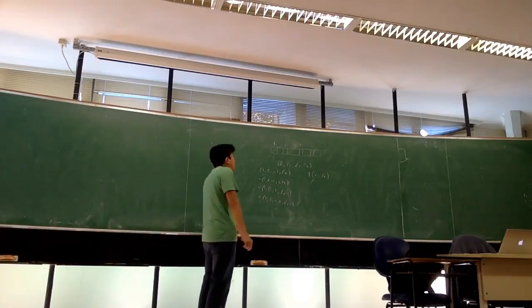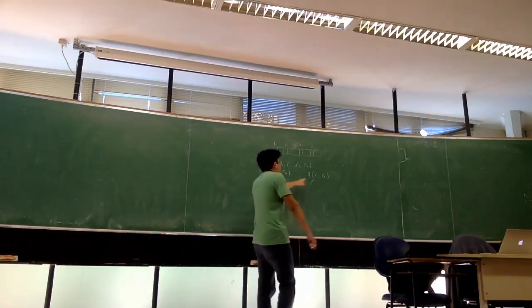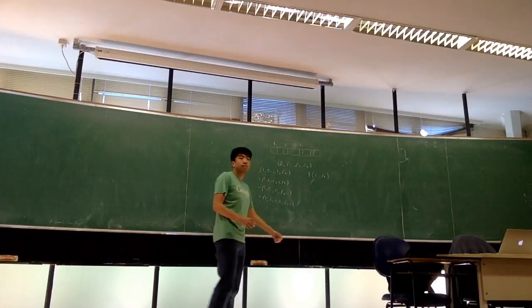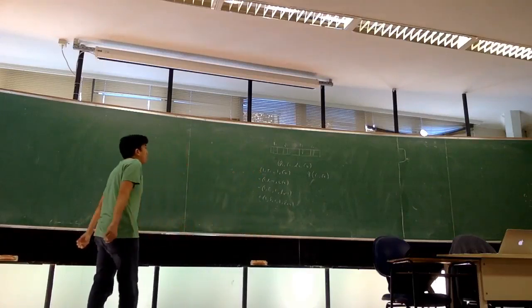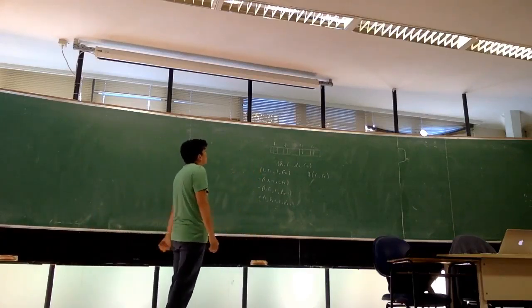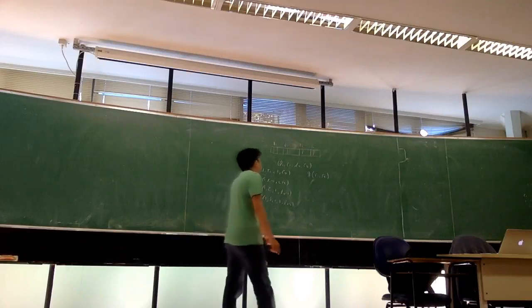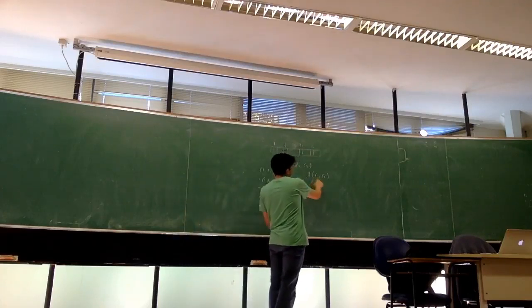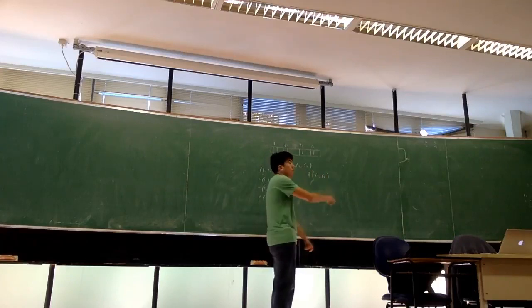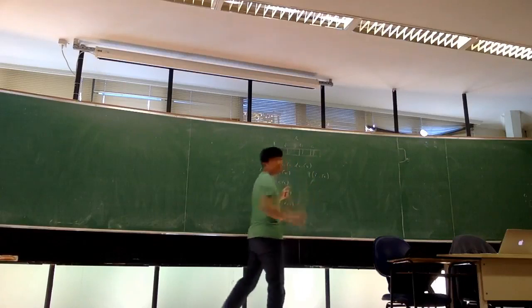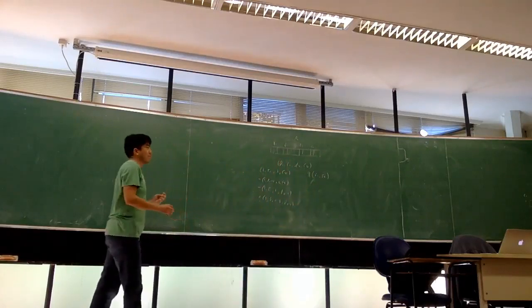I'm going to pre-compute some values of this matrix. In particular, the values of all pairs (R1, R2) such that R1 is a multiple of the square root of n, which is the length of this array. You will see why.